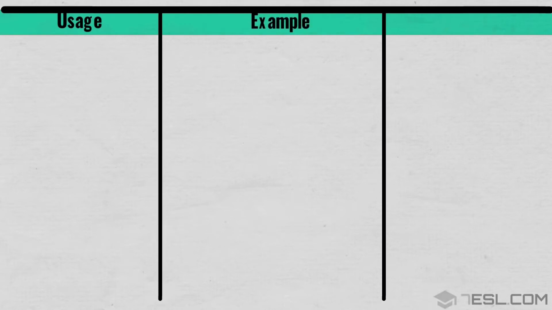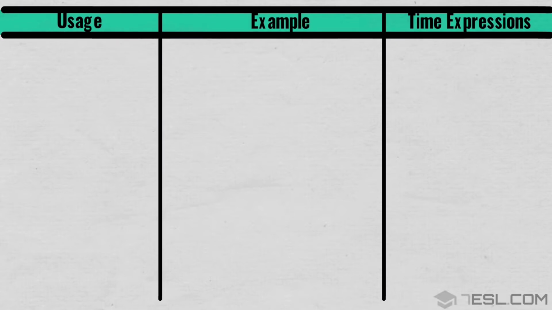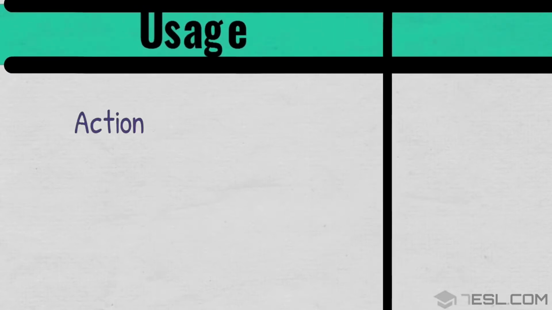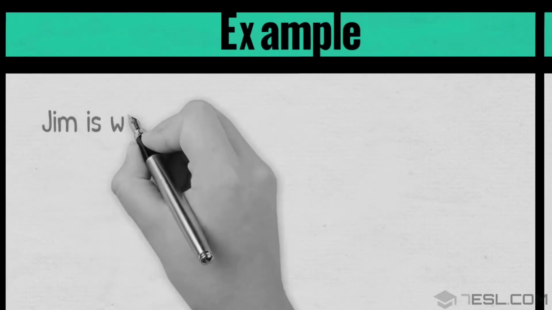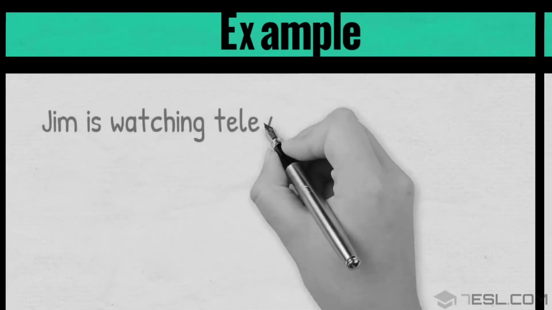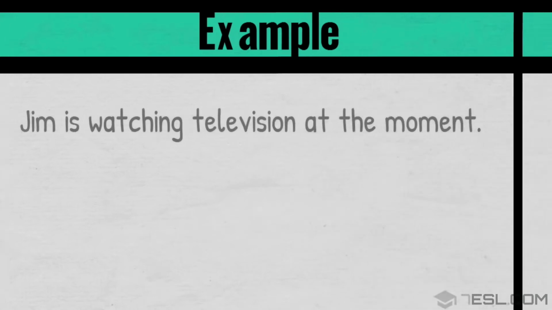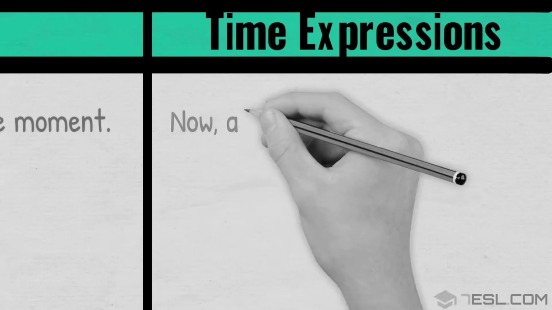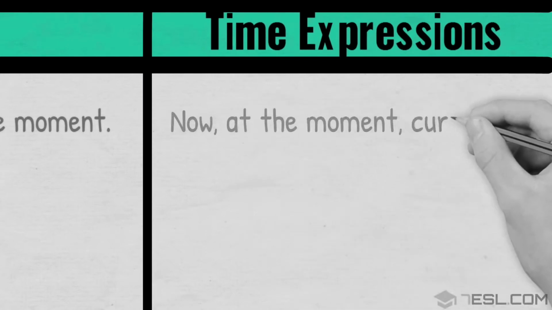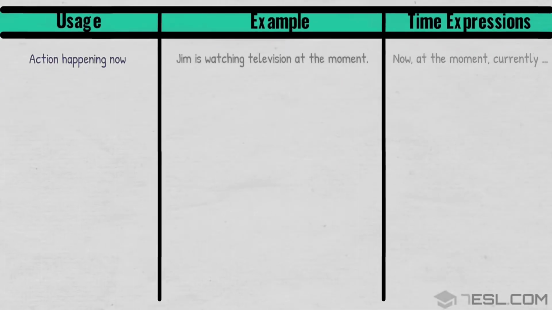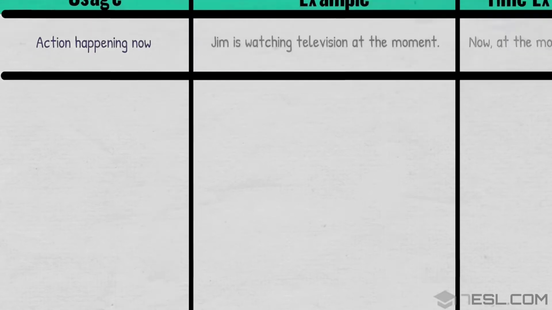Usage. Example. Time expressions. Action happening now. Jim is watching television at the moment. Now, at the moment, currently. Temporary situations.